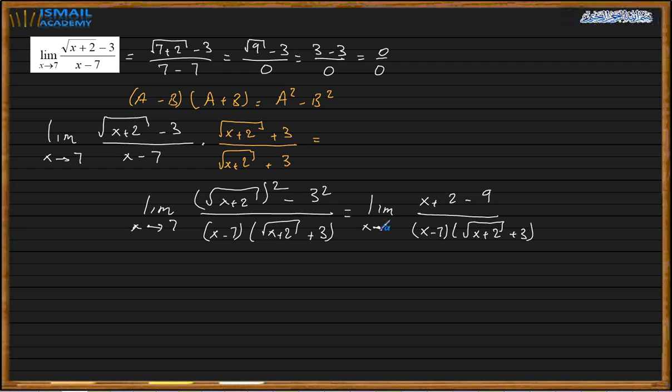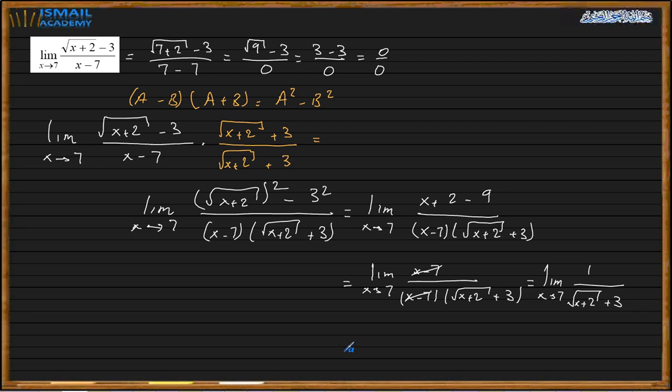I'm doing all the steps, but you can skip a lot of steps if you can see the idea ahead. So x minus 7 times square root of x plus 2 plus 3 when x goes to 7. You see here it cancels out. So what's left is the limit of 1 over square root of x plus 2 plus 3 when x goes to 7.